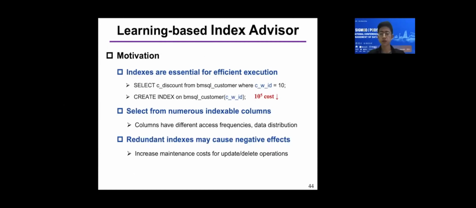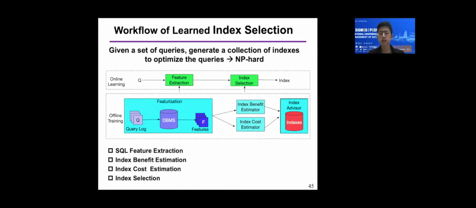It needs to select from numerous candidate indexes. Besides, it's not the case that the more indexes we build, the higher performance we gain. If you build some redundant indexes, they may consume too much memory space, increase the maintenance costs, or even cause negative effects. So first, let's see the workflow of learned index selection.